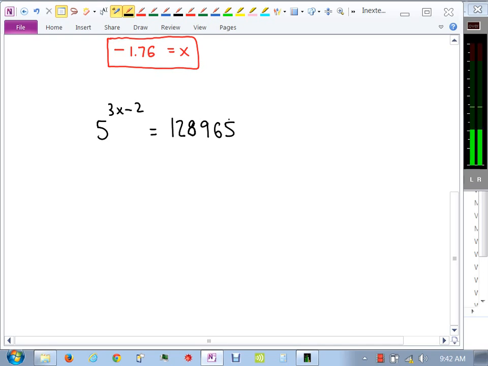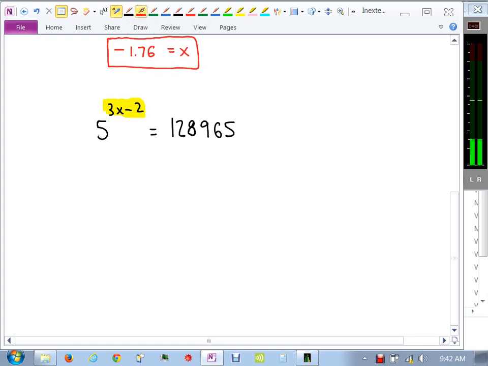All right. Well, you have a couple of options here, but if you go off of what I did last class, I said anytime you want to solve for an x and your x is in the exponent, you can get that whole thing out if you come in on both sides with a log. And the log that I said we should use is natural log because that's what we have on our calculator.